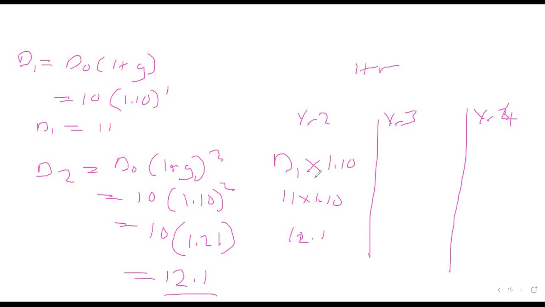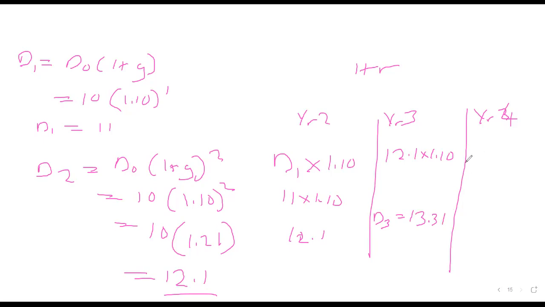So here we had 11 multiplied by 1.10, you get 12.1. Year 3, 12.1, you multiply by 1.10, what are you getting? D3, what are we getting? 13.31.